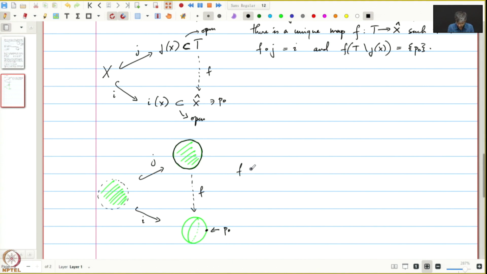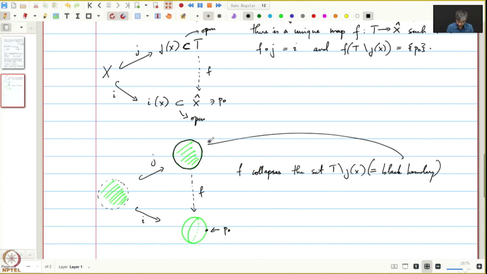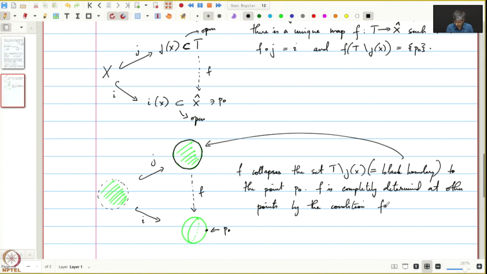So F collapses the set T minus J of X, which in this case is this black boundary, to the point P0, right, and F is completely determined at other points by the condition F composed with J is equal to I. Okay.